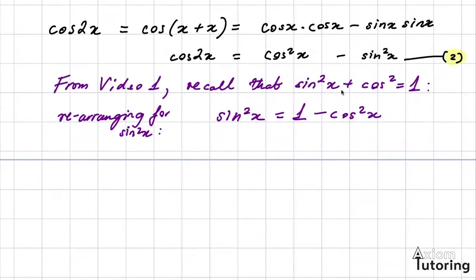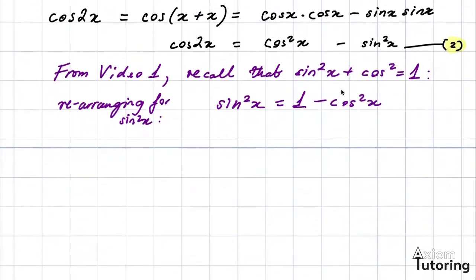So we've rearranged our identity, and now what we can do is we can actually substitute this into our expression for cos of 2x to get a new expression. So let's do that. Cos of 2x equals cos squared x. We're keeping that term the same for now, and we're doing minus sine squared x, but we just saw that sine squared x equals 1 minus cos squared x, and that is from our Pythagorean identity, which we looked at in video 1.